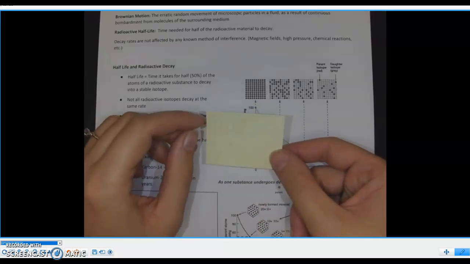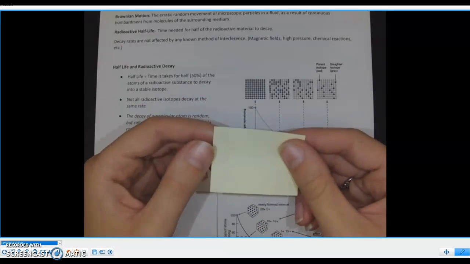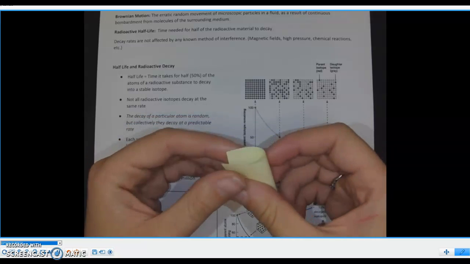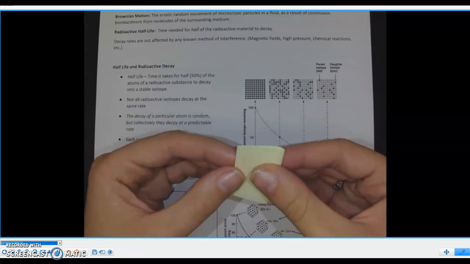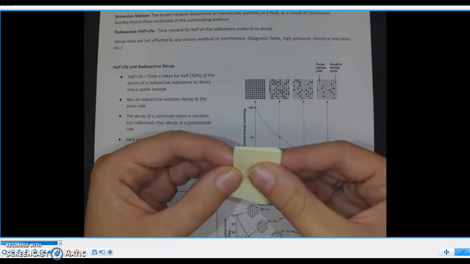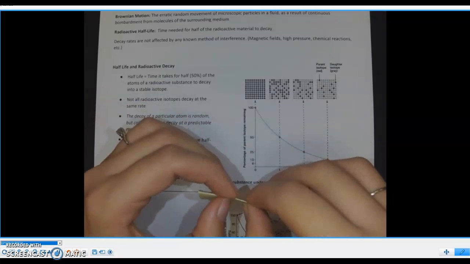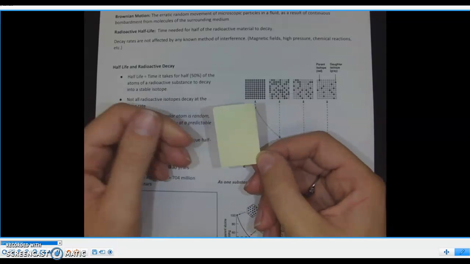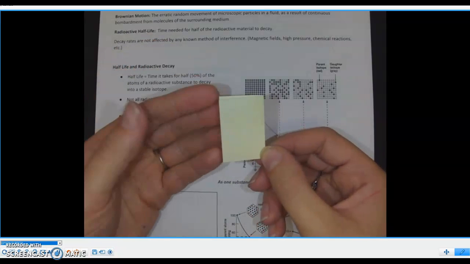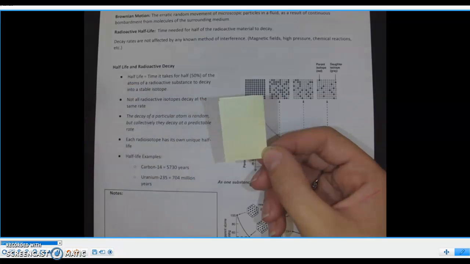Let's say this is my radioactive substance, okay? And then time is passing and half of it turns into a stable isotope. One half-life has occurred, and we're left with half as much of the original parent radioactive isotope.